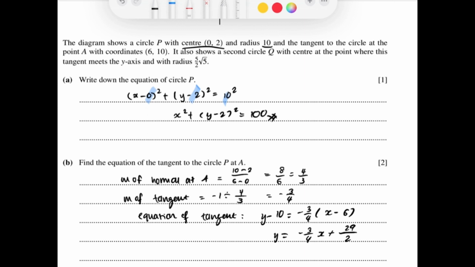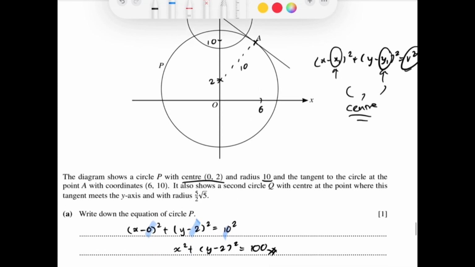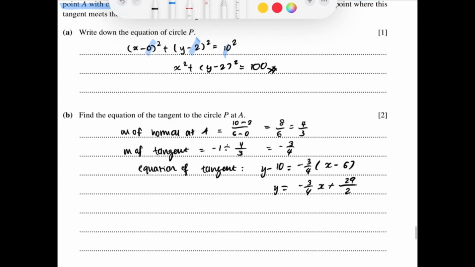Find the equation of the tangent to the circle P at A. So we know that the tangent to the circle is at the point A with coordinates 6, 10. So A is the point where there's a tangent to a curve. And we know A is at 6, 10.